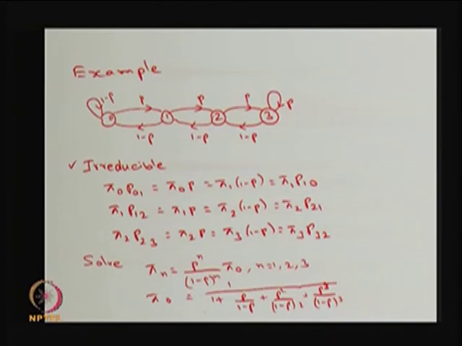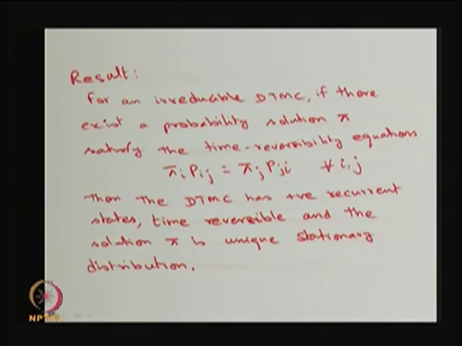That is satisfied. Since, you see the previous result for an irreducible DTMC, if there exists a probability solution, that means I started with a probability solution, but since I know the result, it is irreducible, aperiodic, positive recurrent, and the stationary distribution exists.